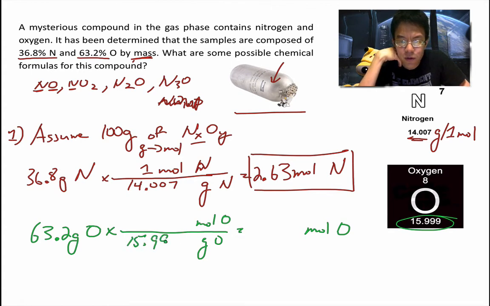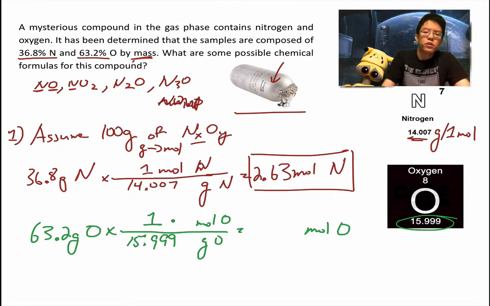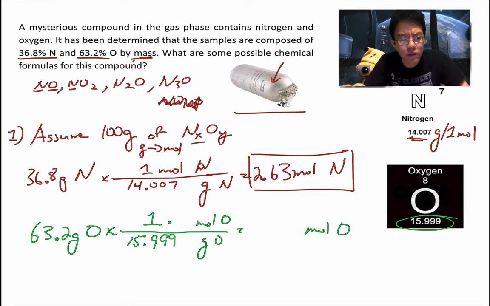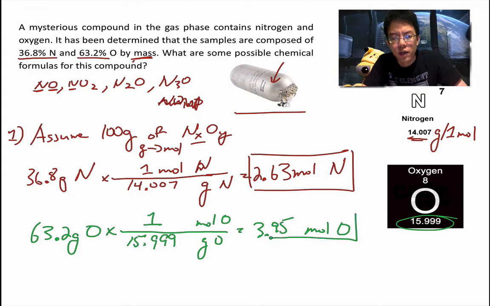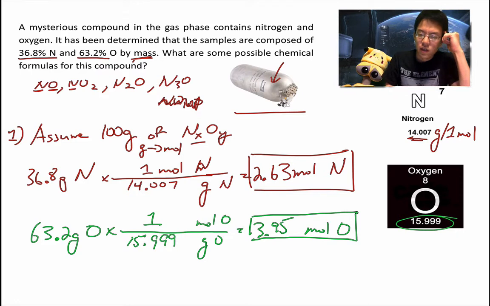Well, there are 15.999 grams in 1 mole. 63.2 times 1 divided by 15.999 means that I get about 3.95 moles of oxygen. Okay, so what this is telling me is that for every 2.63 moles of nitrogen, I have 3.95 moles of oxygen.